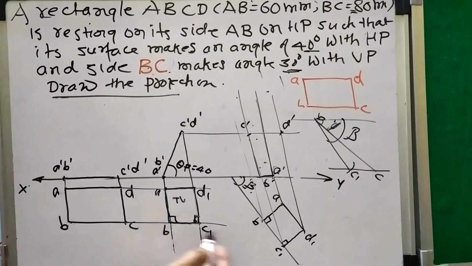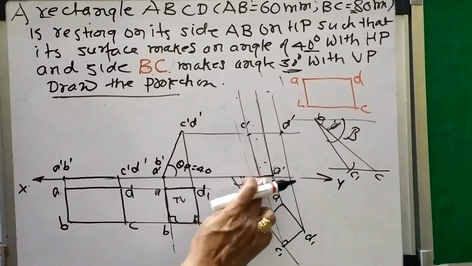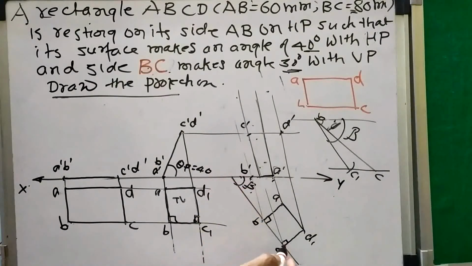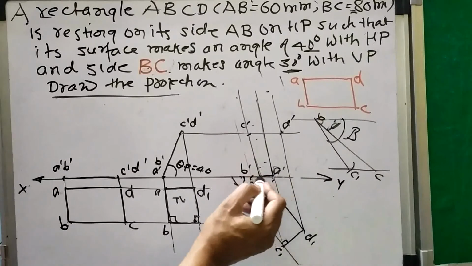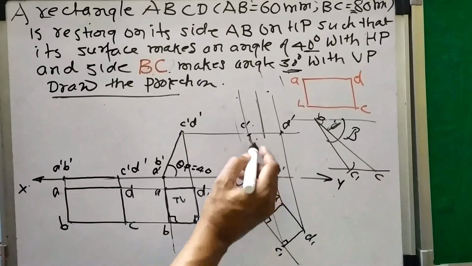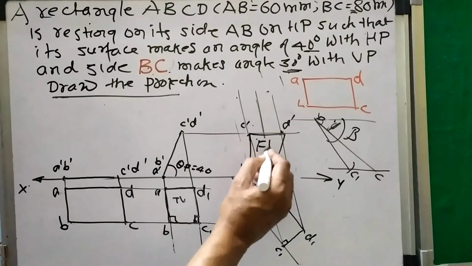So I have marked the wrong points. This is B with B, so this is B dash, and so I got A dash, B dash, C dash, D dash. So I get this front view.